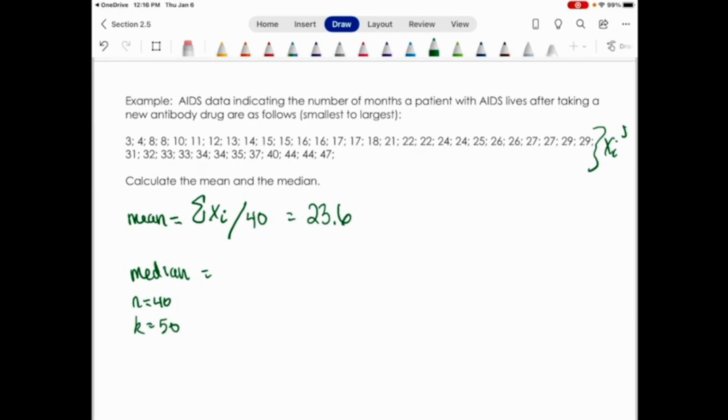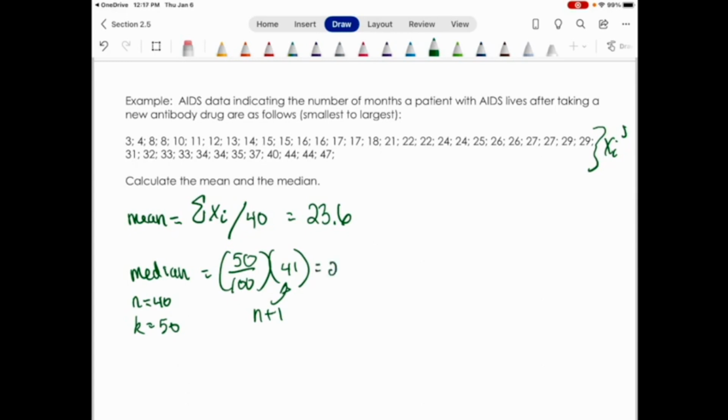I'm going to use our formula for finding percentiles. So I'm going to take 50 over 100 and multiply it by 41. I'm multiplying by 41 because, if you remember from the previous section, what goes in those parentheses is n plus 1. In this case, our n is 40, so I add 1.